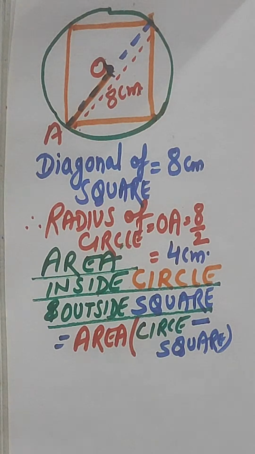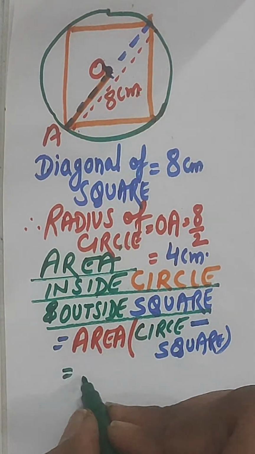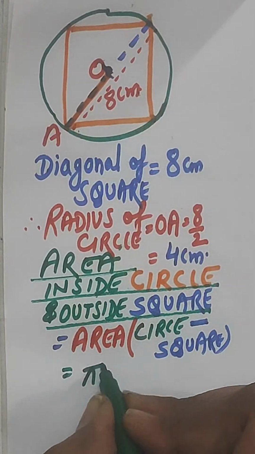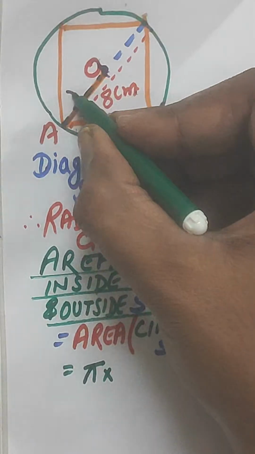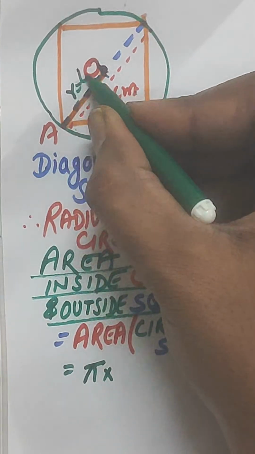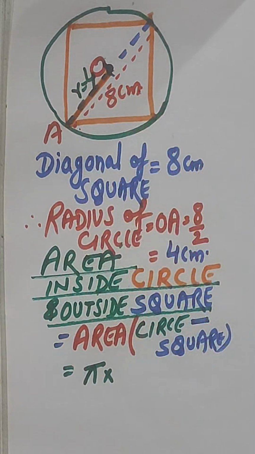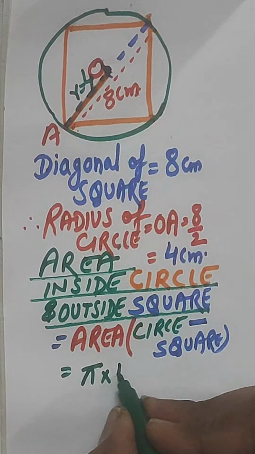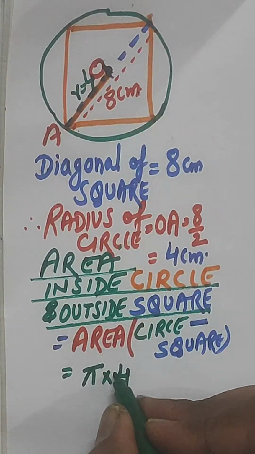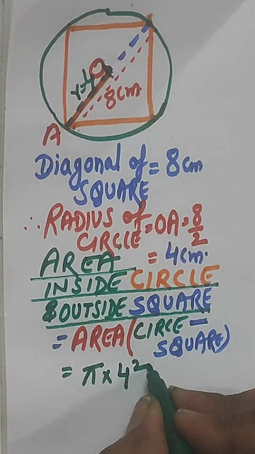So what is area of circle? Area of circle is pi r square. So that is pi into r. We calculated OA, the radius, as equal to 8 by 2, which is equal to 4 centimeter, right? So it will be 4 square.